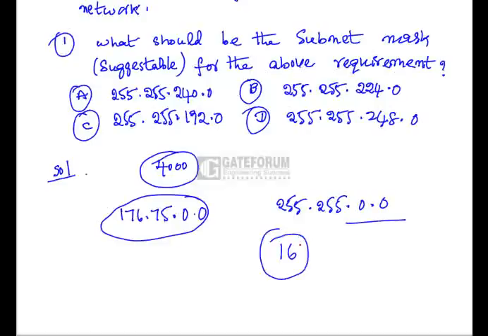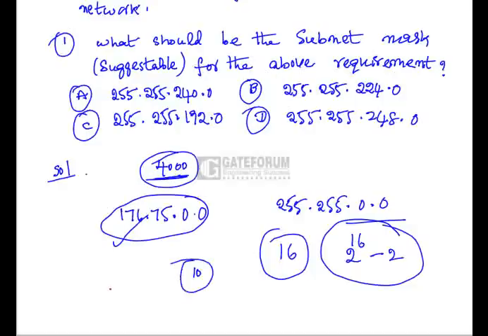If you do not divide it into subnetworks, the number of hosts possible for this total network 176.75 is 2 power 16 minus 2, because one address we use for the network, and the other address we use for broadcasting. So if you want 4000, let us suppose you take 10 bits in the host part, 2 power 10 minus 2, that is only 1022 hosts possible, but we need 4000.